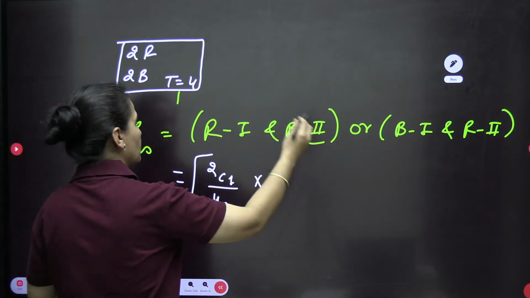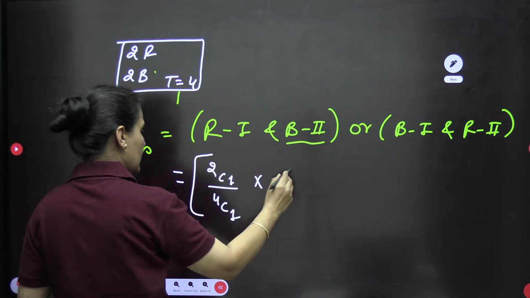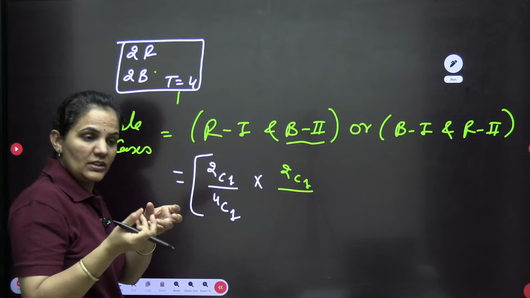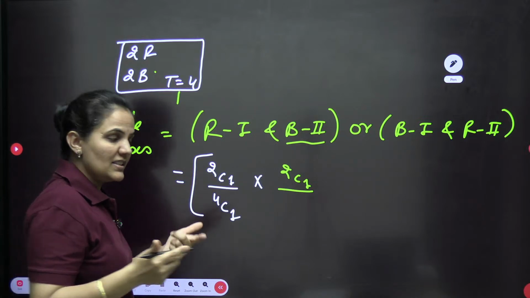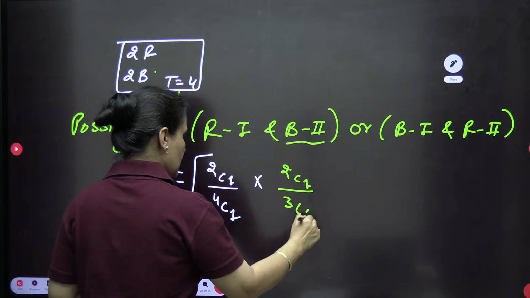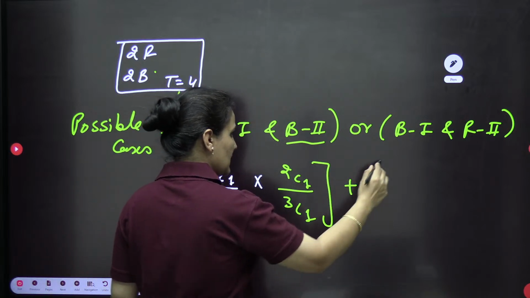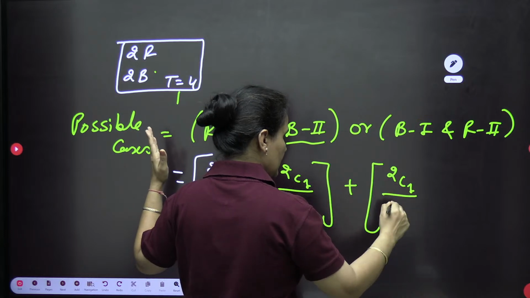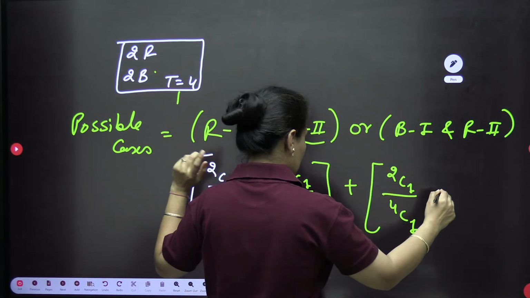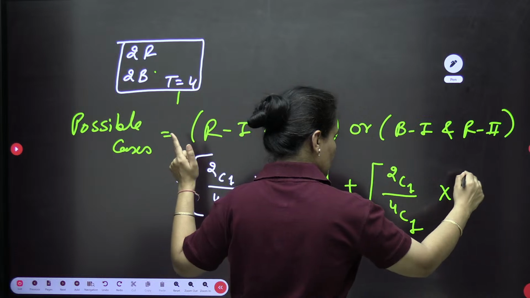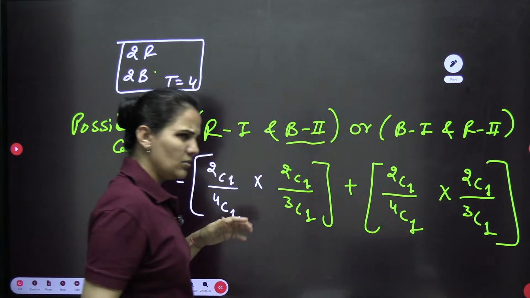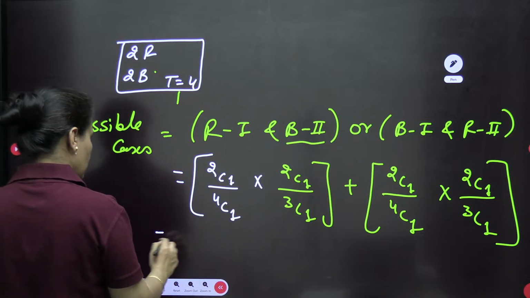While I'm talking about blue balls, blue are 2 here. But now the total will be 3 because whatever ball you drew earlier, you are not replacing it back. So this is 3c1. Or means plus, simply blue ball when I'm drawing, this is 2c1 by 4c1, and it is talking about and, so 2c1 by 3c1. Simply you can multiply; in both manners we can solve.